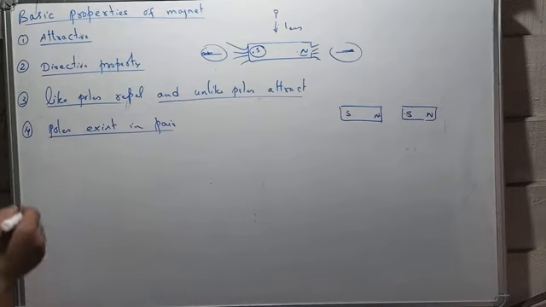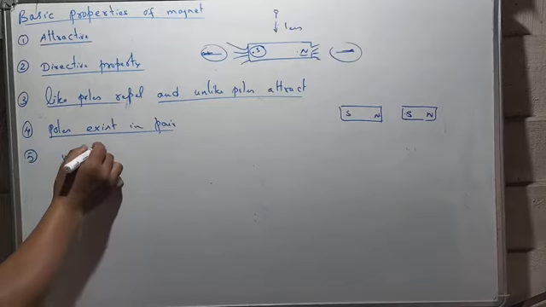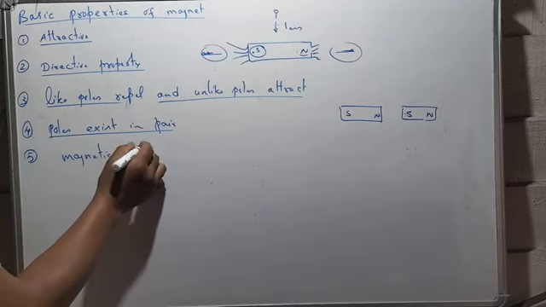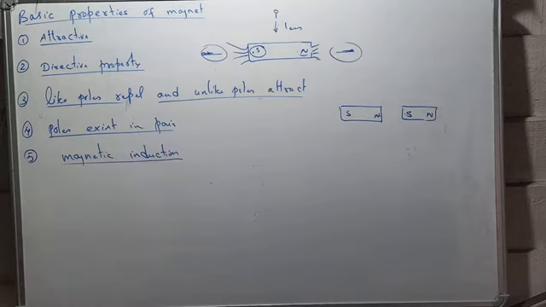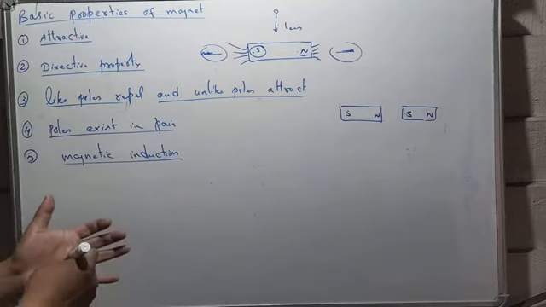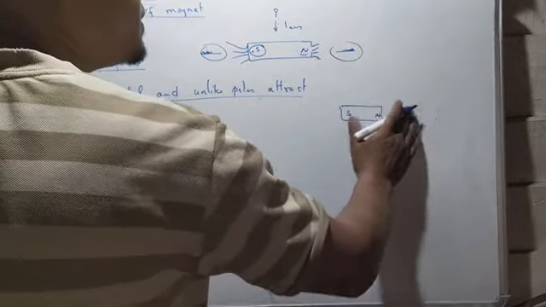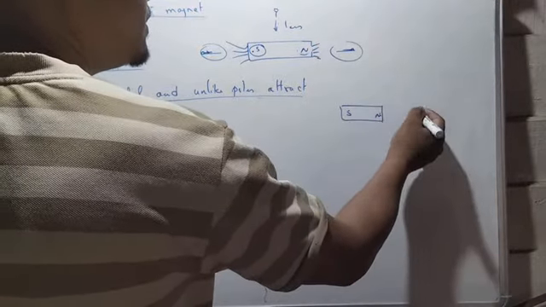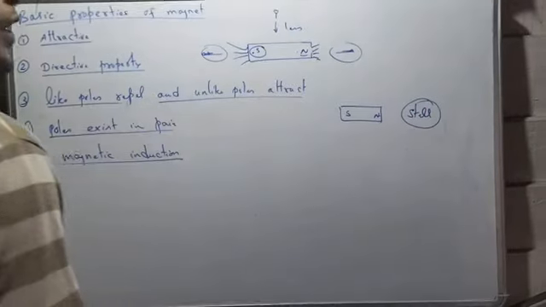The fifth property is magnetic induction. When I say magnetic induction, it means, if you have a magnetic material or a magnetic substance, suppose I'm taking steel, for example.